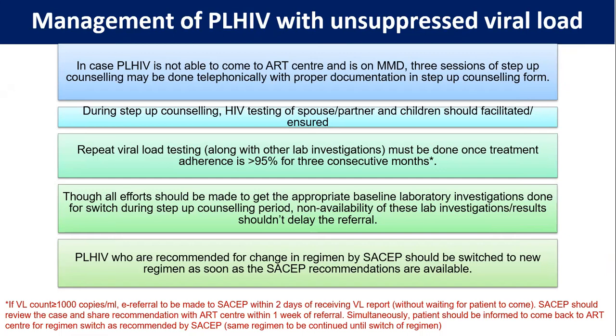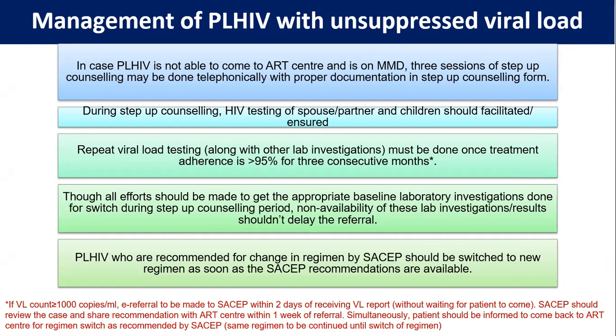During that period, we should also go for appropriate baseline laboratory investigations, the results of which will be required during switch of the patient to second or third line ART. But non-availability of these laboratory investigations should not delay the SASAP referral. PLHIV who are recommended for change in regimen by SASAP should be switched to the new regimen as soon as possible.